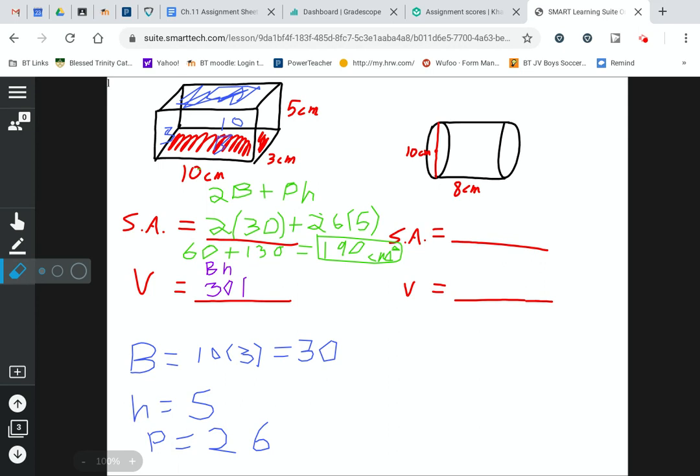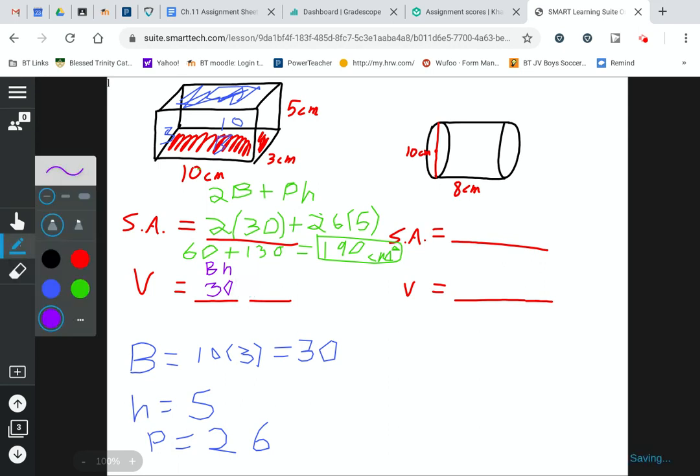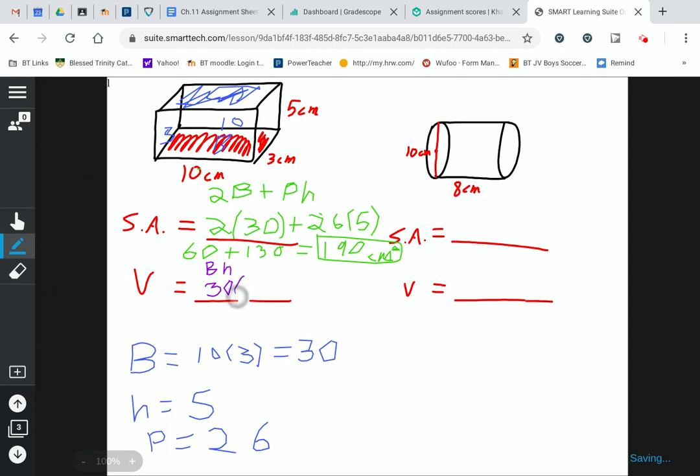And so we end up at 150. And that's going to be centimeters cubed.